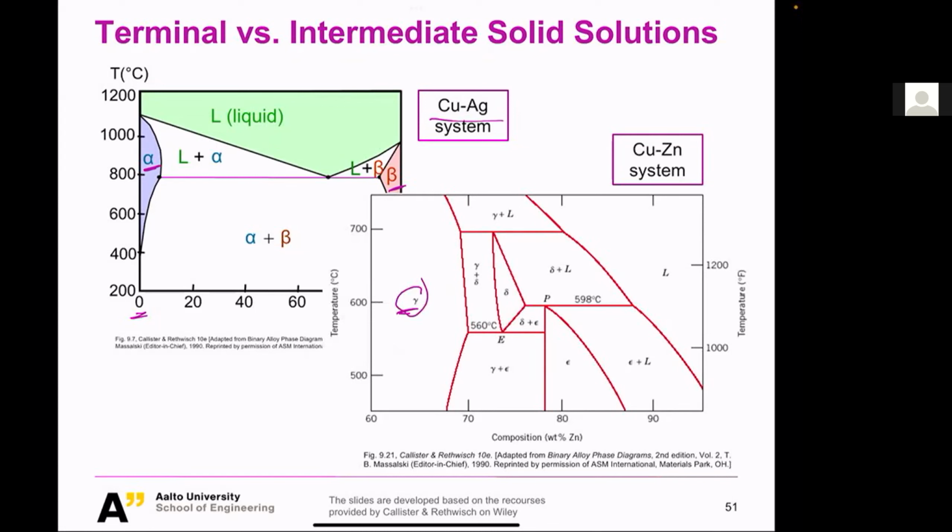And then we have some kind of epsilon. So the epsilon is another terminal kind of solid solution. And you see in between, we have another solid solution. This is the so-called delta. And this delta is so-called intermediate solid solution.